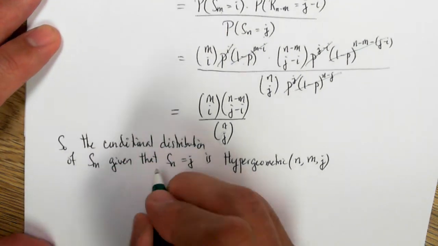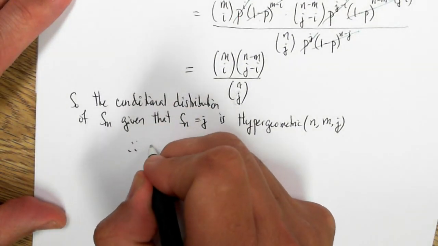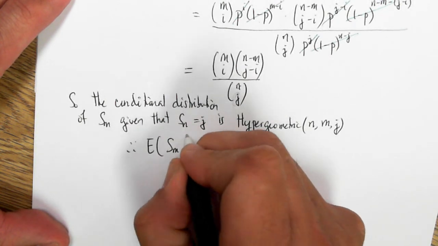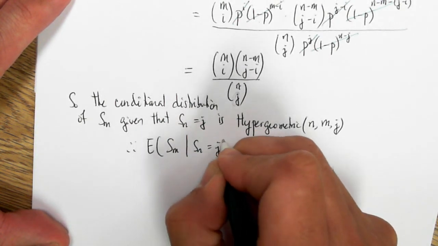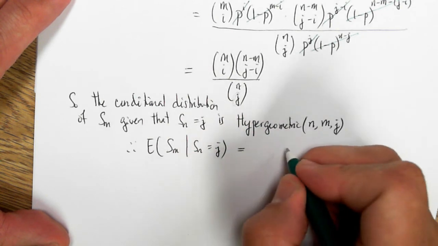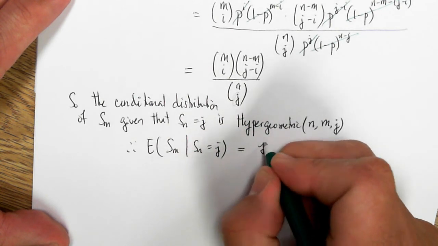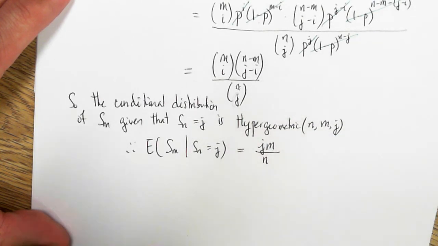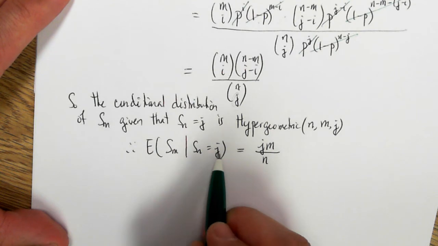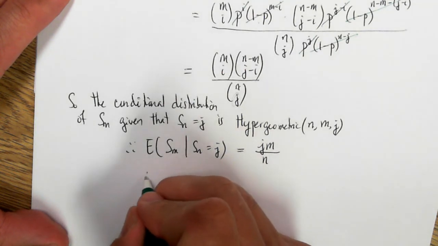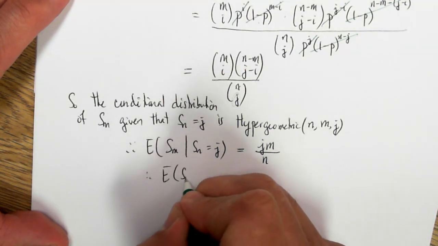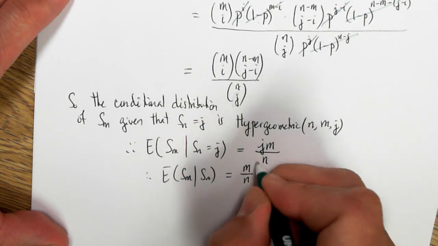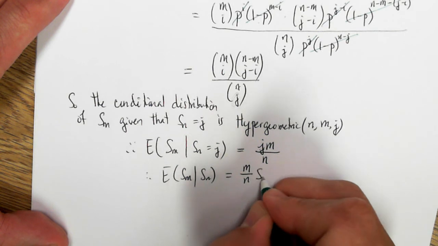Therefore, by using properties of the hypergeometric distribution, the expected value of S sub m, given that S sub n equals j, is the number of draws times the number of good objects over the total number of objects. Eliminating the j variable, the expected value of S sub m given S sub n is equal to m over n, not times j, but times S sub n.